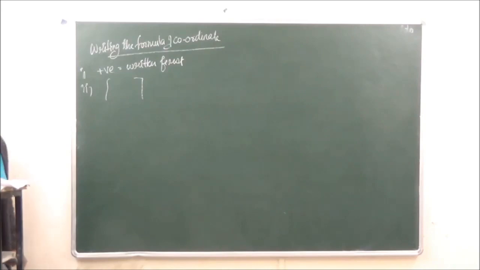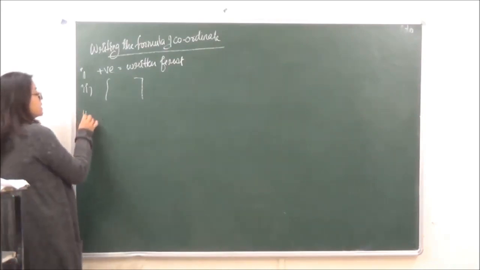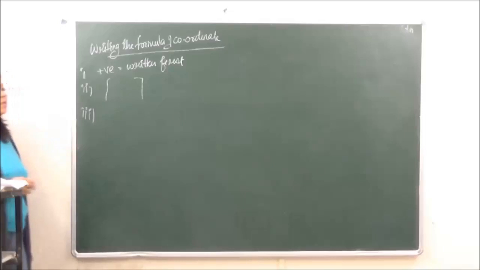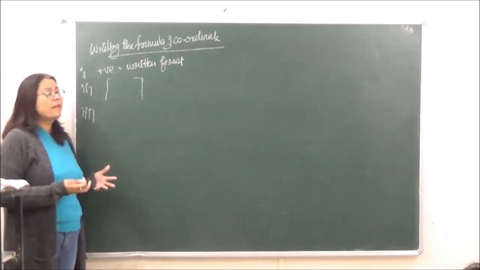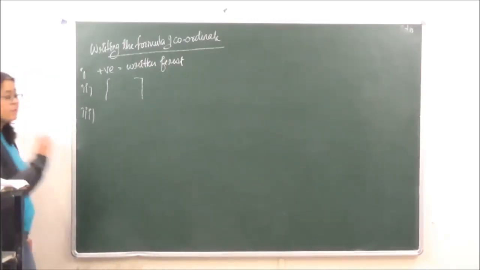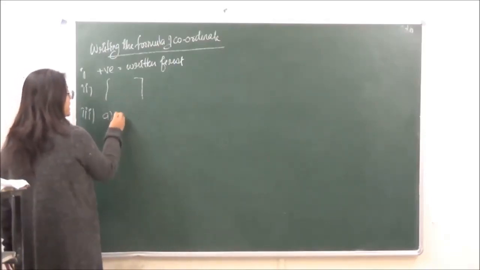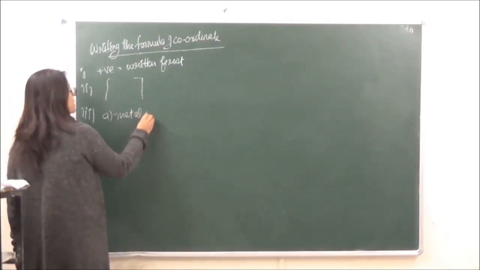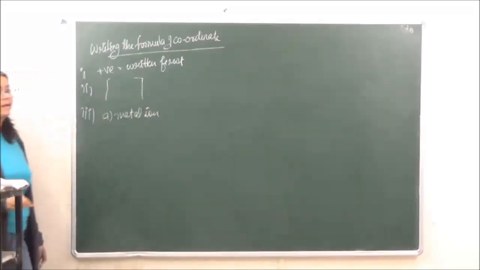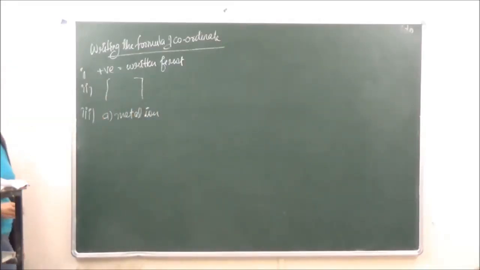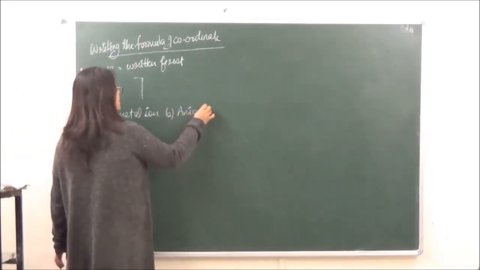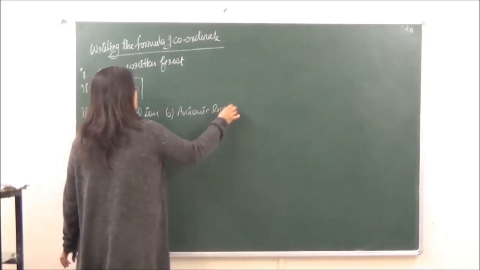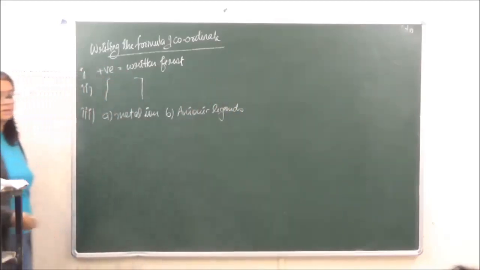Number 3, when we are talking of the sequence of how to put the different components of any compound. In the coordinate entity, first of all you will place the metal ion. Second, anionic ligands will be placed first.